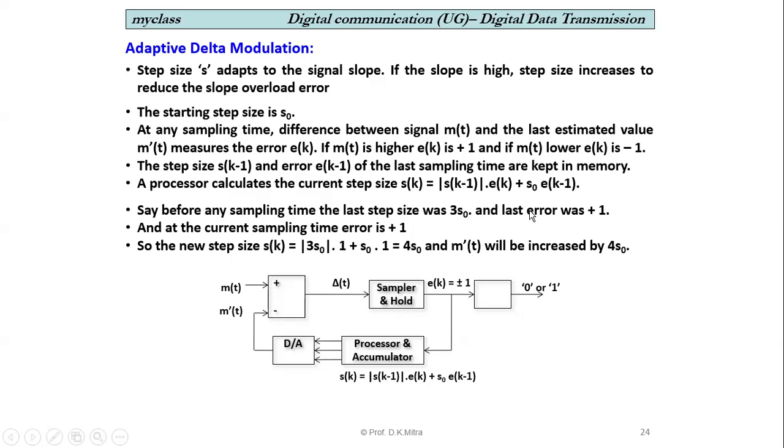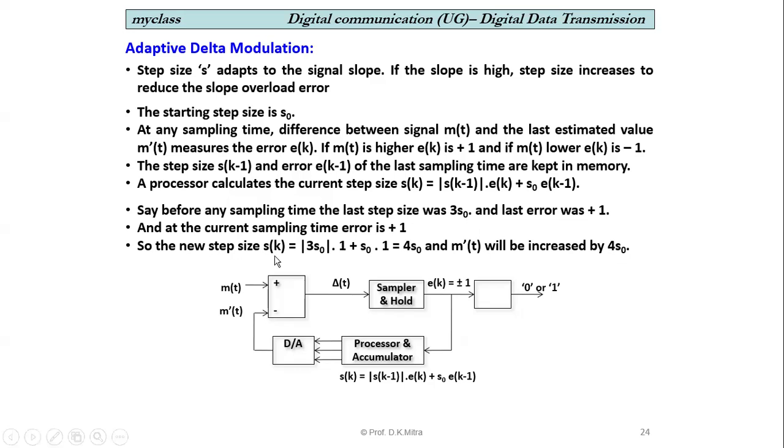That means in the last sample also, I found the signal going upward, and because of that, the step size was 3 times S0. And I find the current sampling time error is also +1. That means even now the signal is going upward, overtaking my sample.